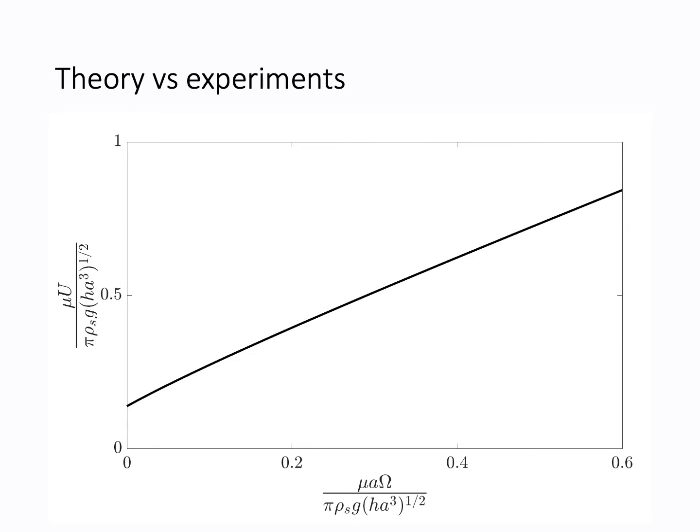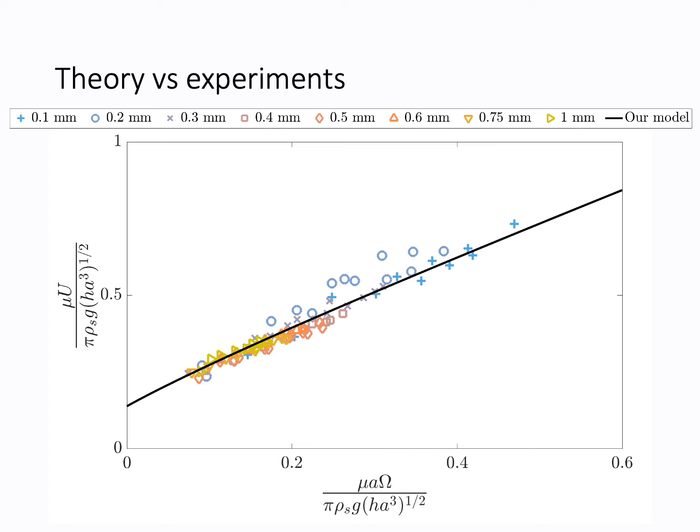The real test is whether our theory matches the experiment. From our theory, we can construct a predicted experimental curve in terms of various parameter groupings. Here, you can basically think of the x-axis as an observed cylinder rotation rate, and the y-axis as an observed belt speed for levitation, both appropriately scaled.